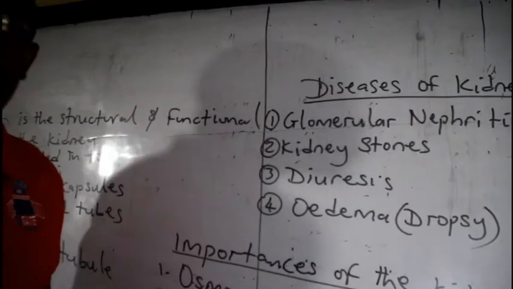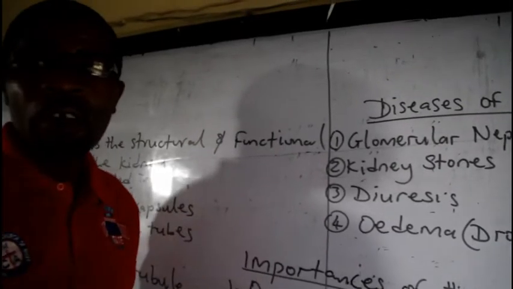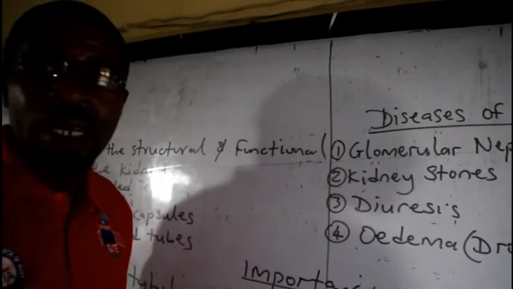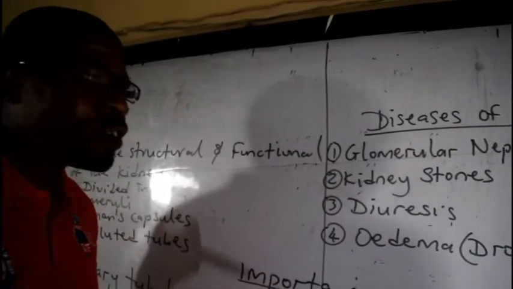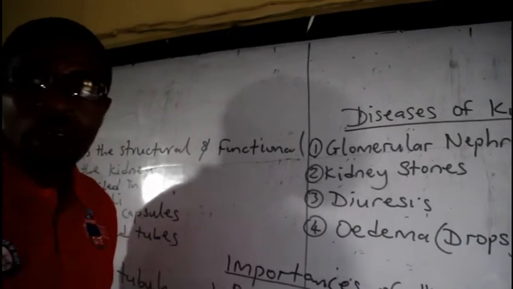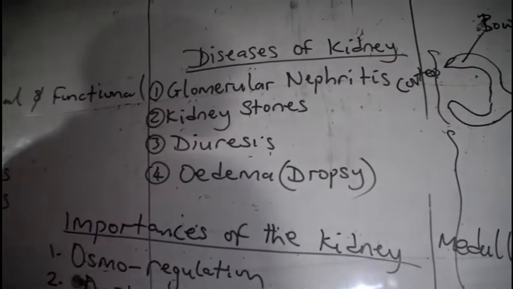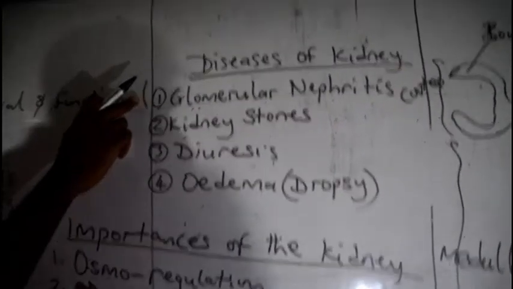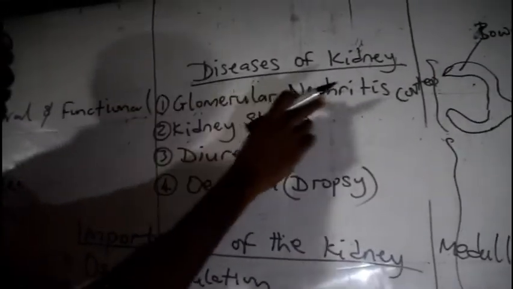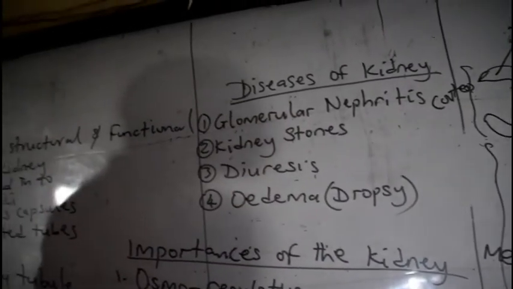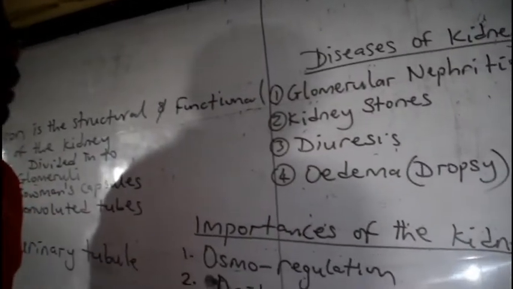When the kidney becomes porous, there will be leakage of blood and protein in the urine. And when this leakage occurs, it might cause blockage of the kidney tubules. And when the kidney tubules are blocked, it might result in kidney failure. So glomerular nephritis can result in kidney failure.